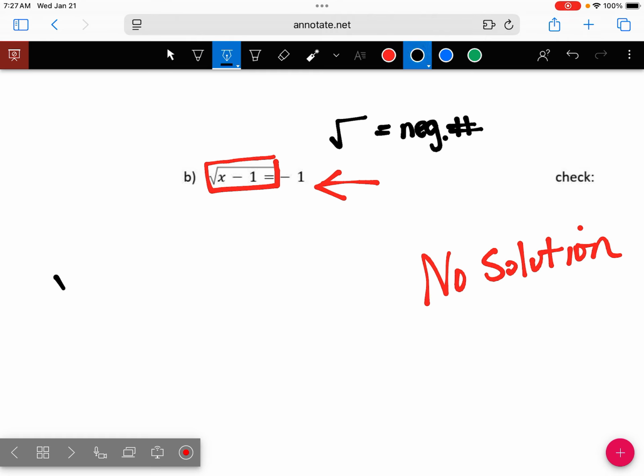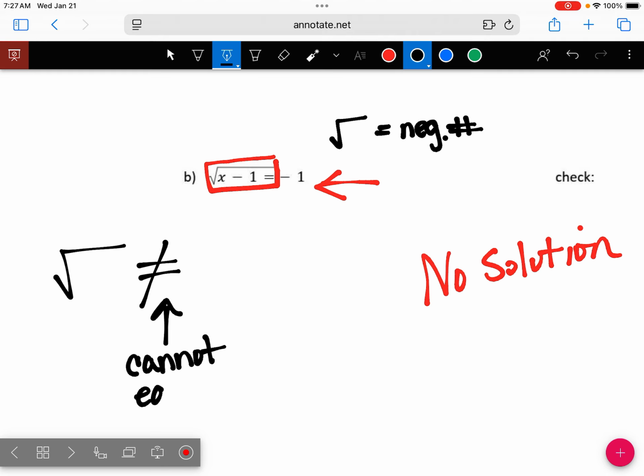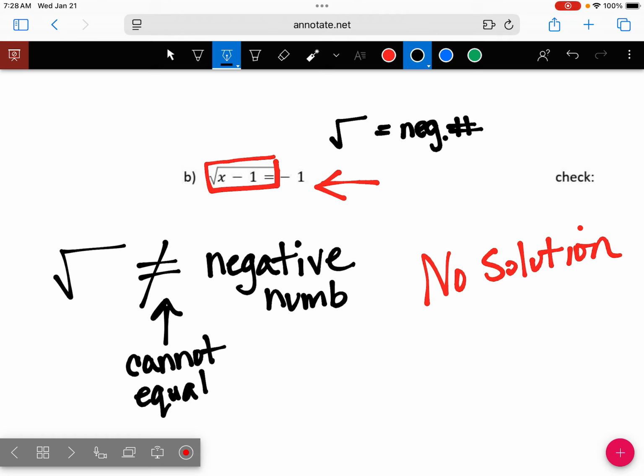A square root cannot equal a negative number. So you do not start by squaring both sides. We don't do anything. We're done. No solution. This is like number five in your homework, which is why I had you skip it.